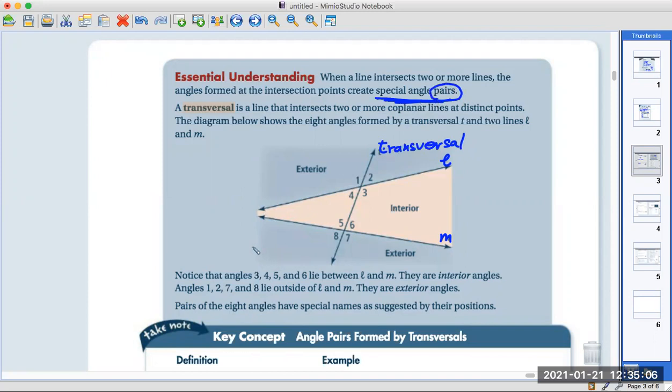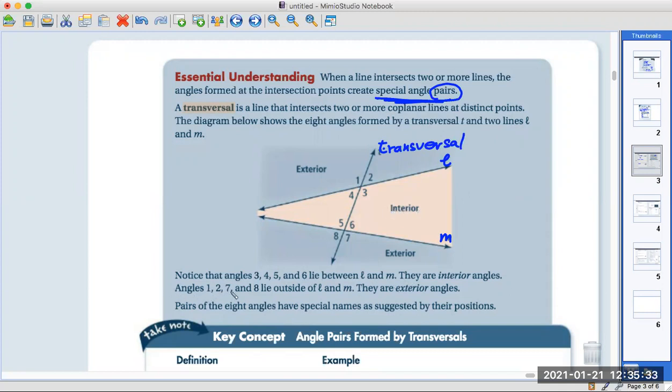Okay, so we need to know 4 angle pair names. Then we have exterior on the outside and interior on the inside. Exterior is on the outside of our diagram, interior is in the middle. Angles 3, 4, 5, and 6 lie between the lines, so they are interior angles.